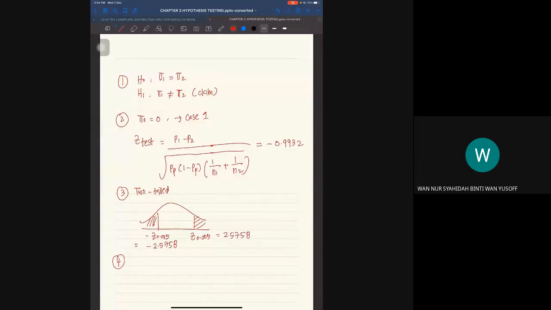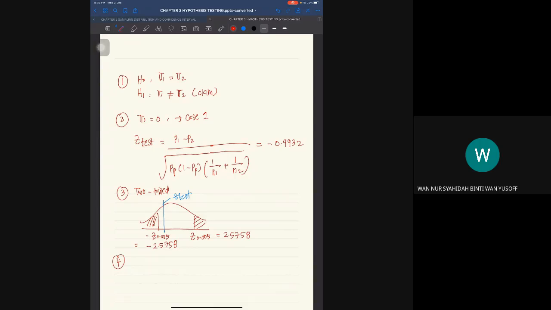If you sketch your figure here, then you can plot. Where is your z-test here? In between or on any side? In between. Z-test is somewhere here. When you have the z-test in between, it is compulsory when you write your comparison to write both sides.